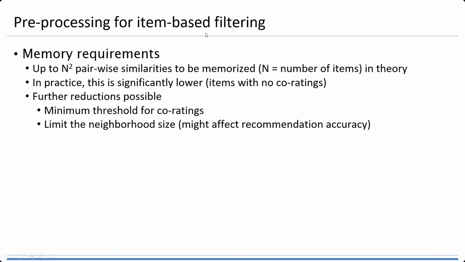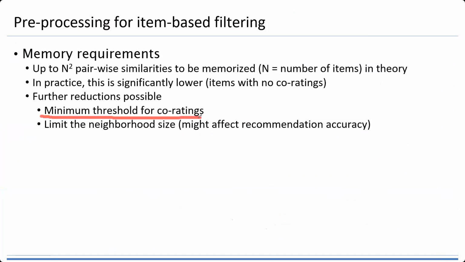Further reduction is possible: we can set the minimum threshold for the co-rating. Like I mentioned before, if there are 5 users who gave the rating, then okay, we can include them. But if there are only 3 users who gave rating, we can exclude those items. Or limit the neighborhood size.